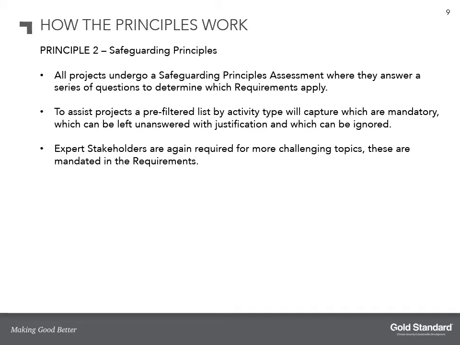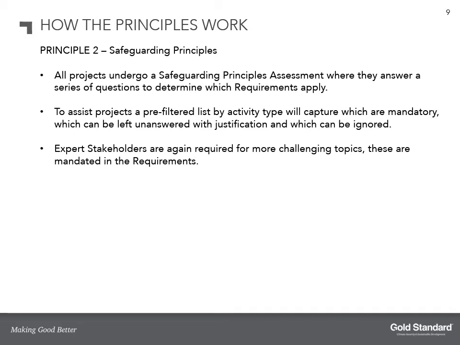And then lastly, which of those requirements can be ignored with no justification. So for example, a safeguard that's simply not relevant to your activity type. So the rationale is that all safeguards are applicable to all projects, but there will be a pre-filtered list that allows you to disregard certain ones.